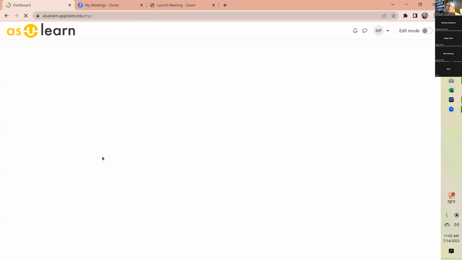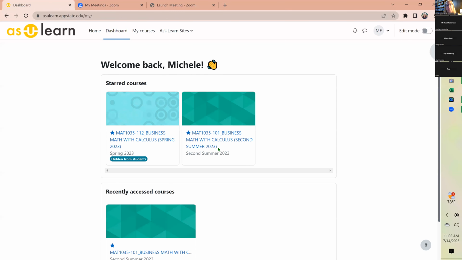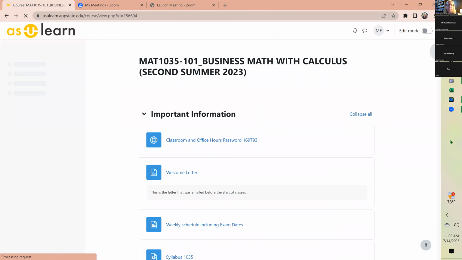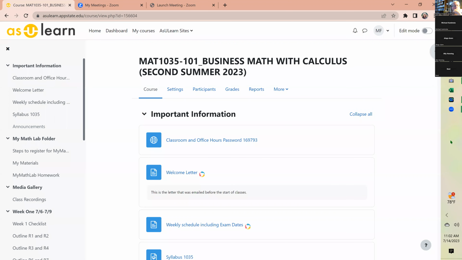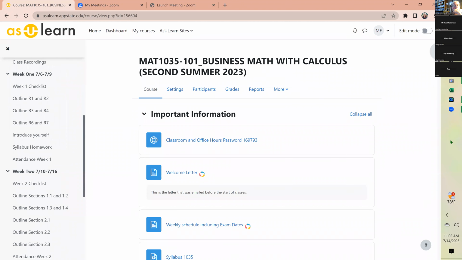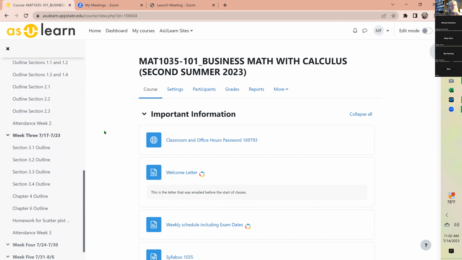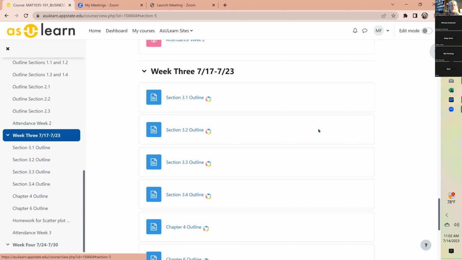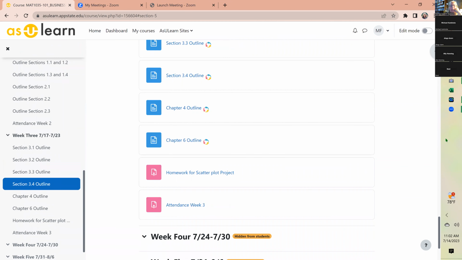I don't know if everything's in there yet, but I put the sections that we'll be covering, and then attendance and homework for the scatter plot.